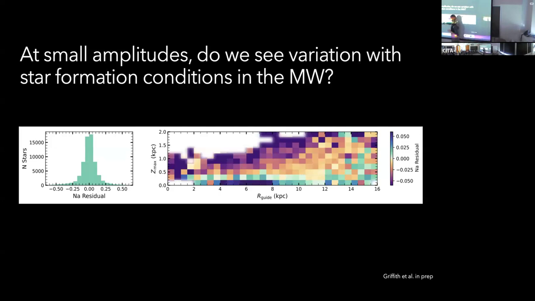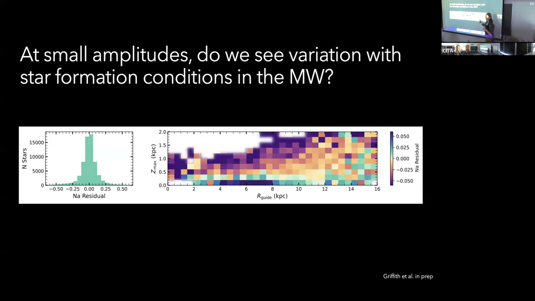Here is the overall distribution of the sodium residuals. So we're predicting sodium pretty well, like to about 0.1 dex in most of these stars or under, which is on the scale of the APOGEE error on the individual stellar abundances. We can measure the abundances to within the APOGEE error, or predict the abundances to within the APOGEE error.